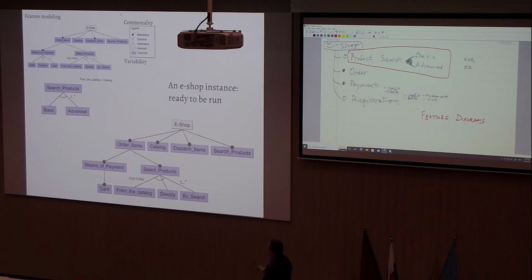Here you can use the same notation of feature diagrams to show what is selected. All these features that were optional, I decided to select them. So search products, I decided to have it, so it becomes mandatory for my eShop instance.